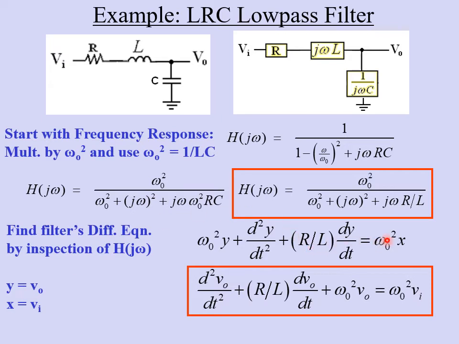And then x, the term over here, that's the input of the system, so that's our v in. I'm going to rename y to v out and x to v in, and put these terms in a little different order. So I have the second derivative of v out plus R over L times the first derivative of v out plus omega naught squared times v out is equal to omega naught squared times v in. This is the differential equation for this low-pass filter.